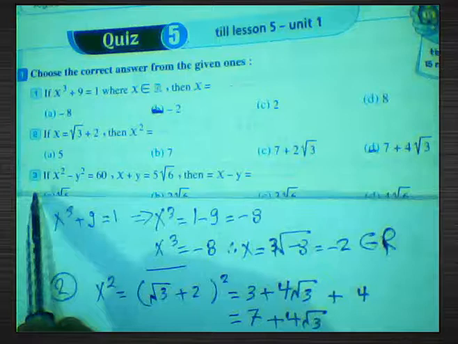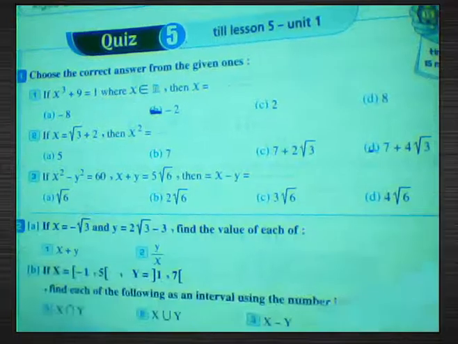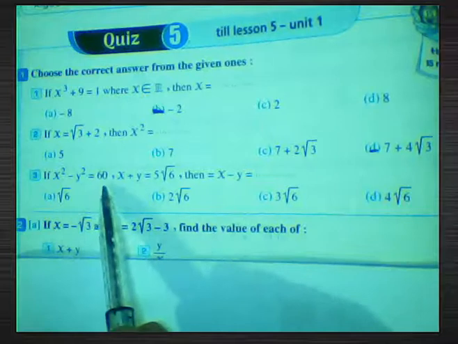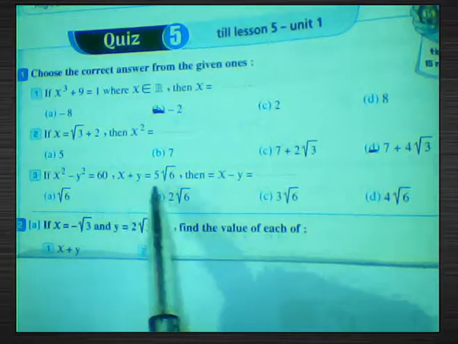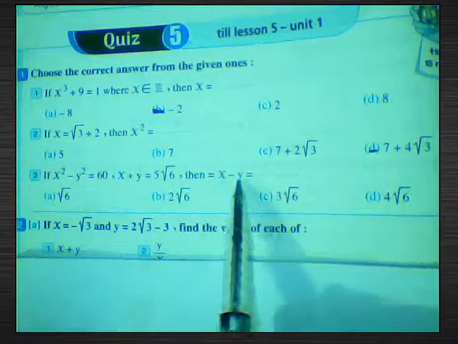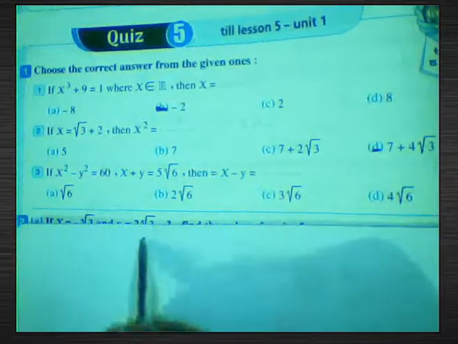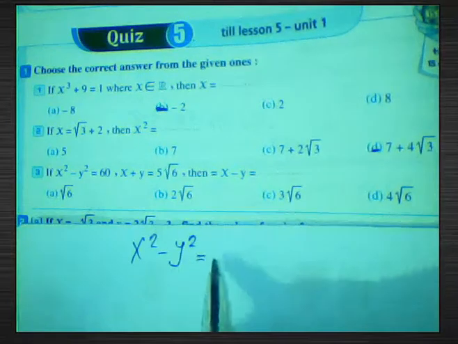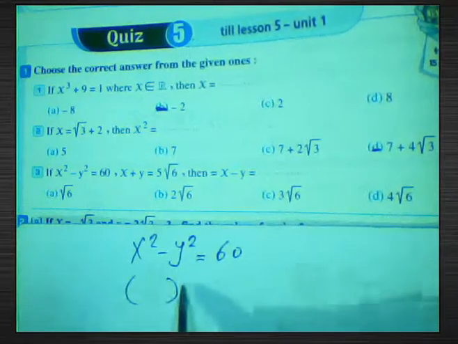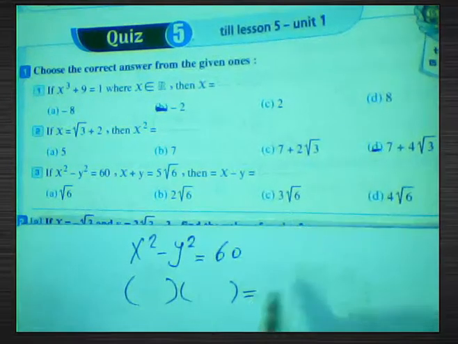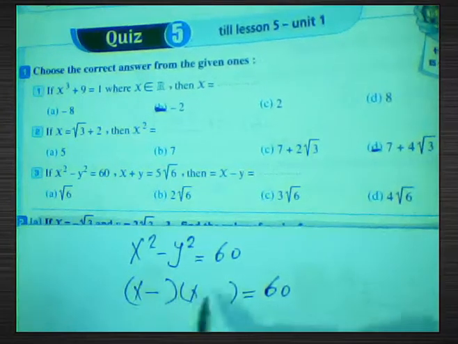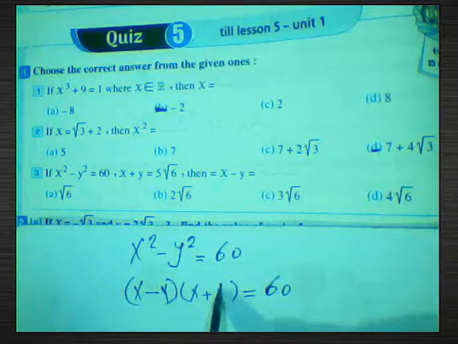Question number 3. If x power 2 subtract y power 2 equals 60, and x plus y equal 5 root of 6, then x subtract y equal? x power 2, y power 2. We will factorize this expression: x and x, negative, positive, y and y.